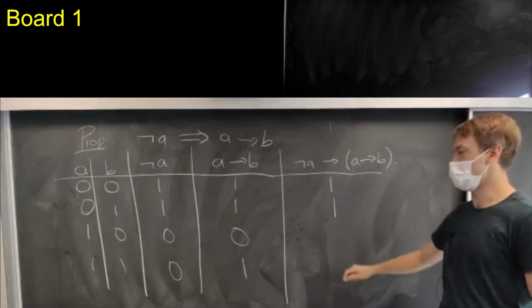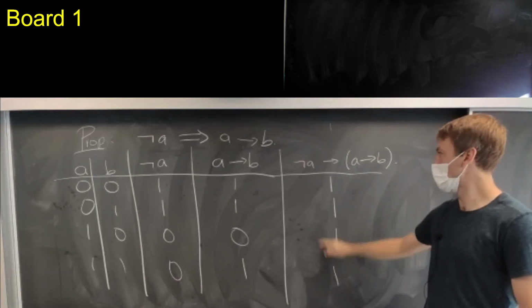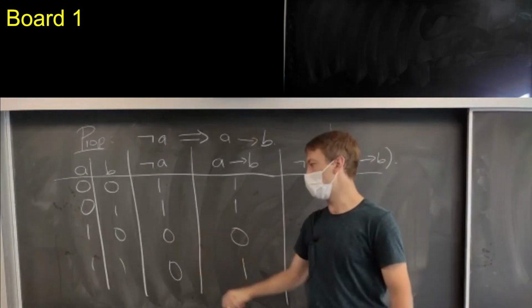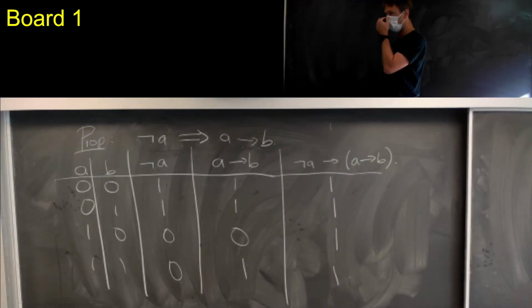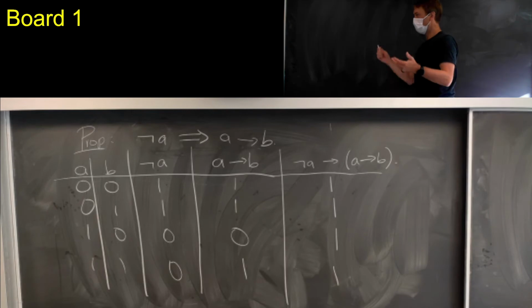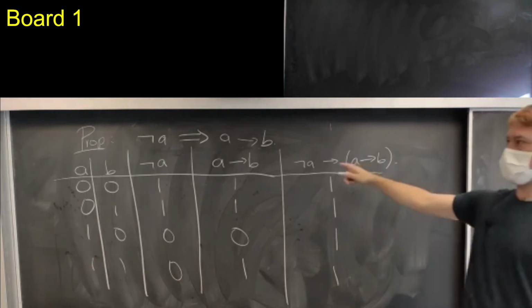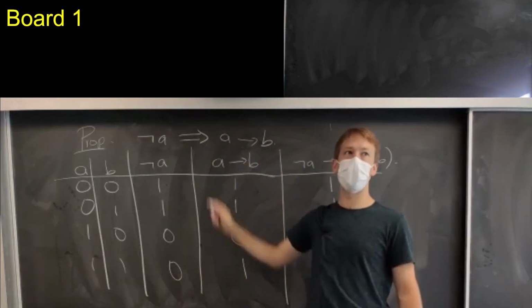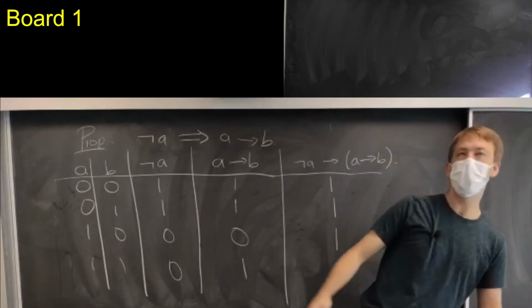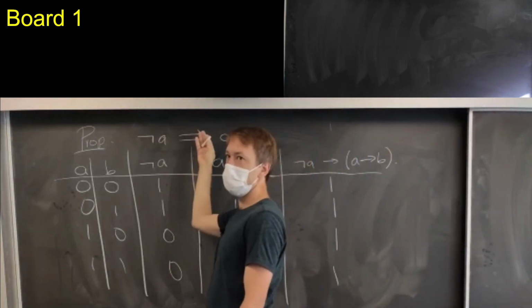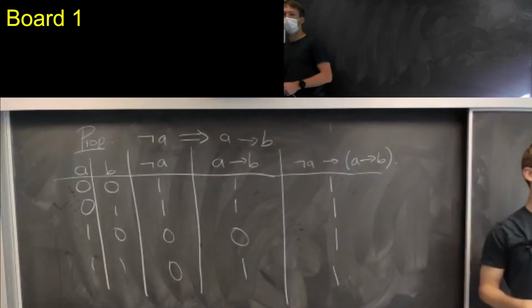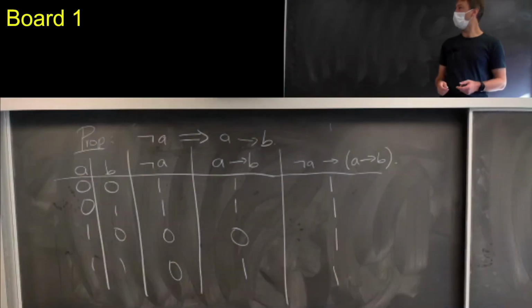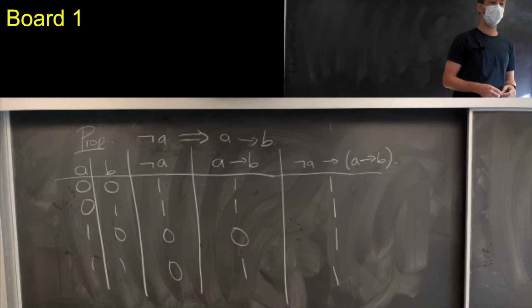So we just write ones, because if that one's false, then it's true. So it's a tautology, and therefore this implication is true. Not A does indeed logically imply A implies B. Any questions about that?